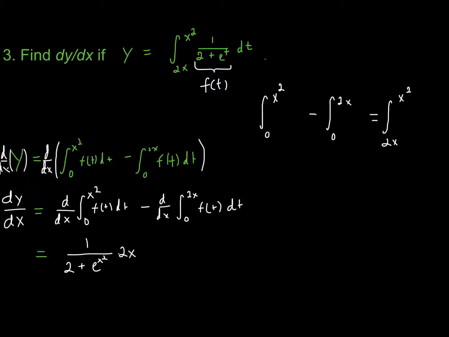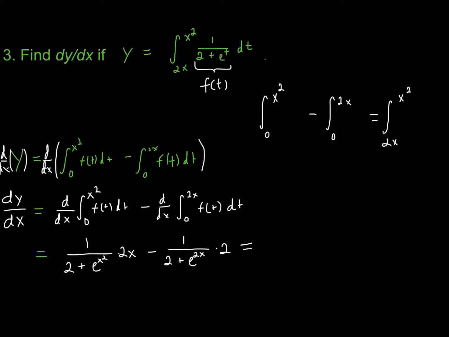Then I'm going to subtract the derivative of this definite integral using the fundamental theorem of calculus again to differentiate here. And I will take the derivative of this integral by evaluating f of t at 2x, and then being sure to multiply by the derivative of this upper limit, which is 2.